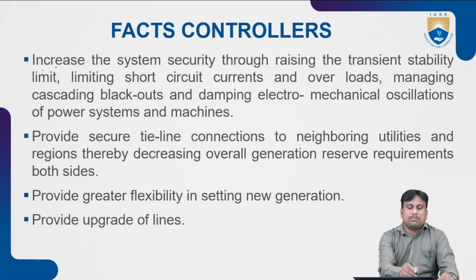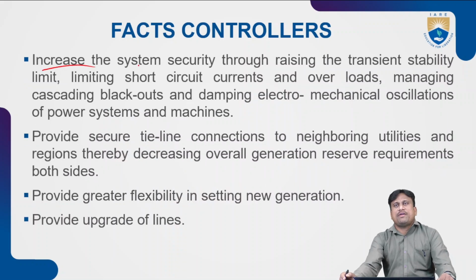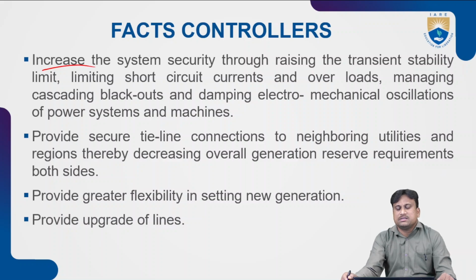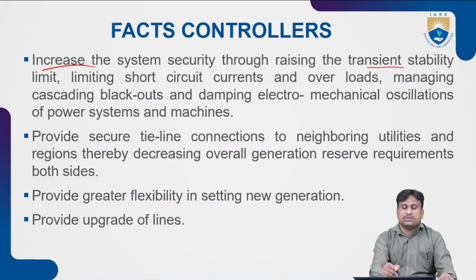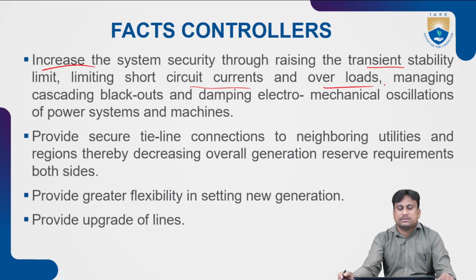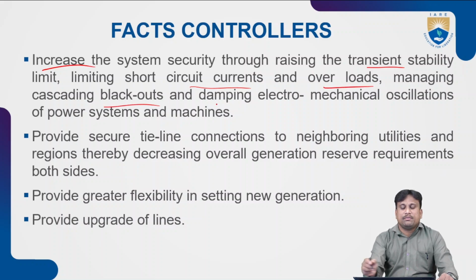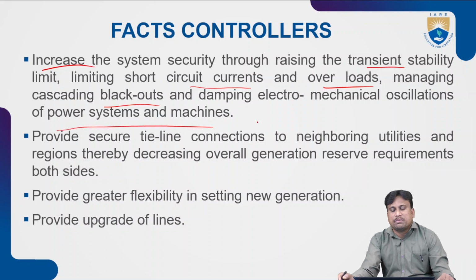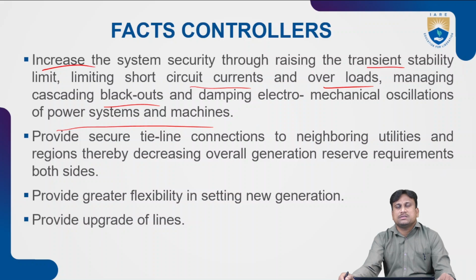Some more benefits derived from the FACTS controllers are that they increase the system security by raising the transient stability limit, limiting short circuit currents and overloads, managing cascading blackouts, and damping electromechanical oscillations. That should be covered for all the power system networks and machines.